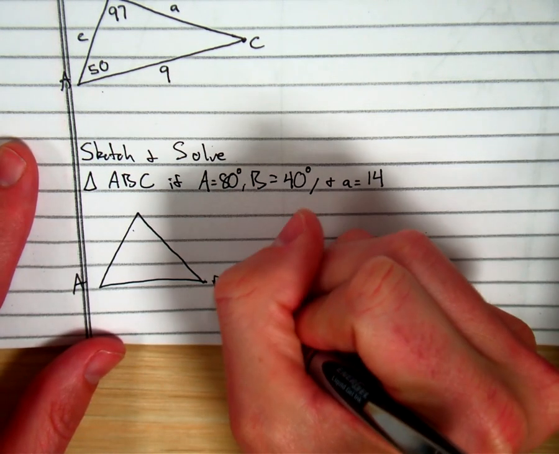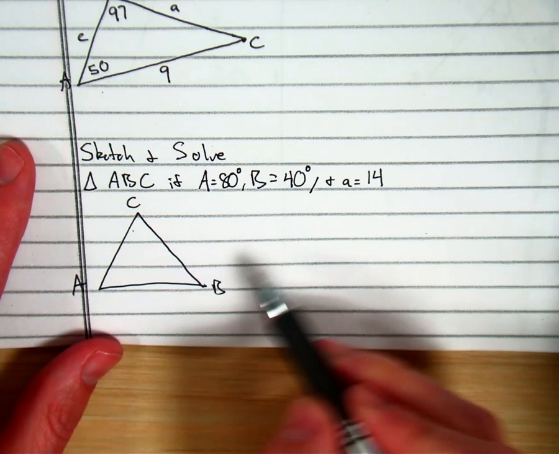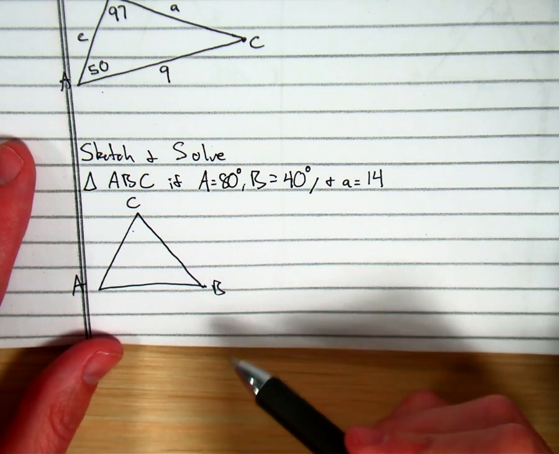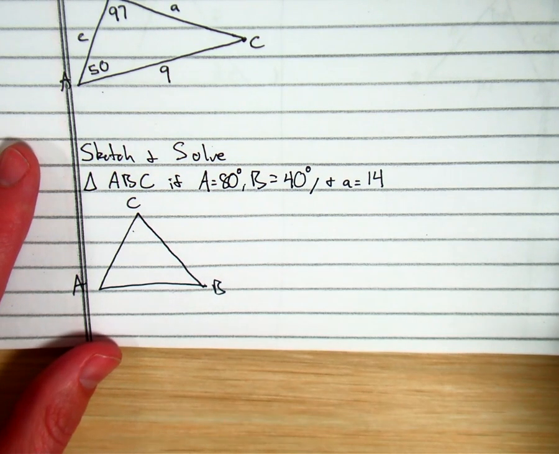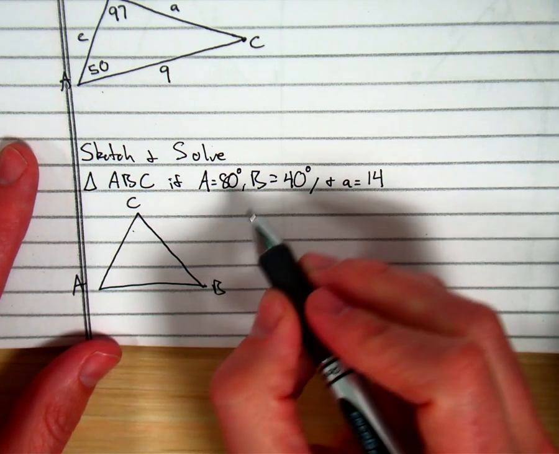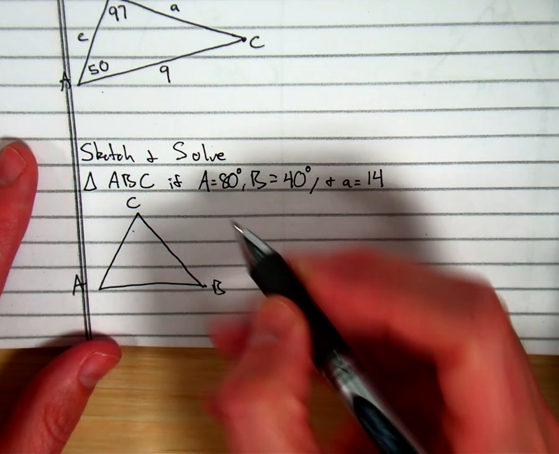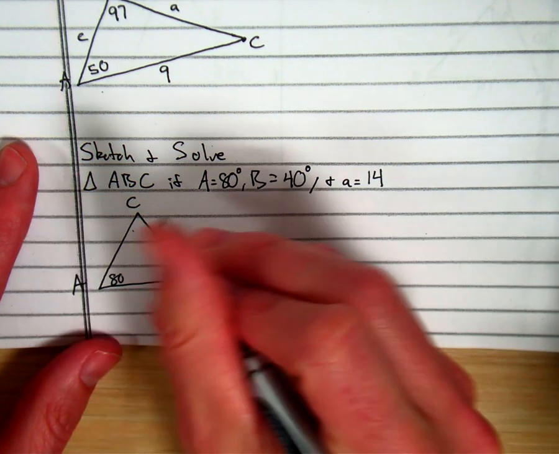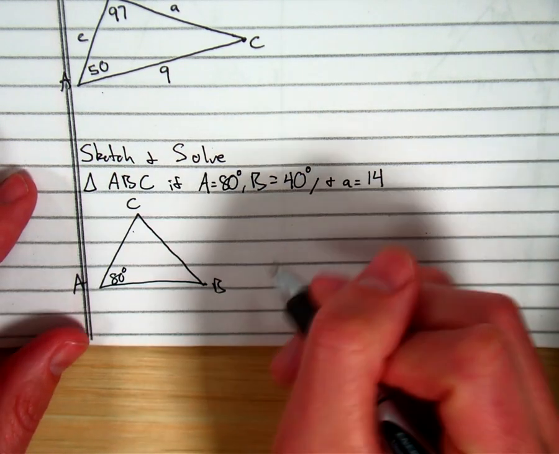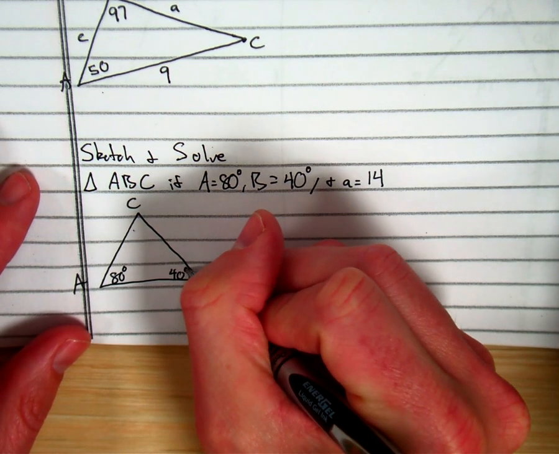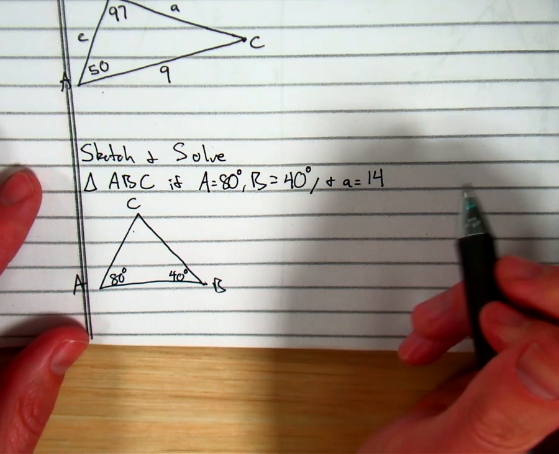Just having a triangle down so we can label everything and then see what's missing and solve for those spots, that's what matters. So don't sit there and try to draw this to be perfectly 80 degrees. I just usually go with that triangle. It's basically an equilateral triangle. And then I label them A, B, C. And then I fill it in.